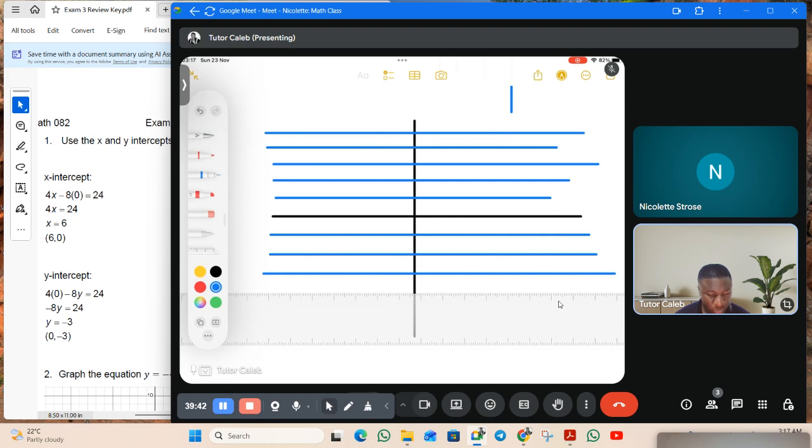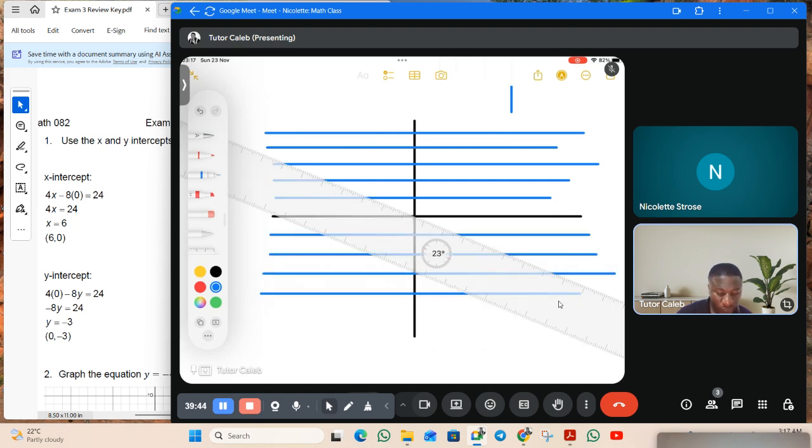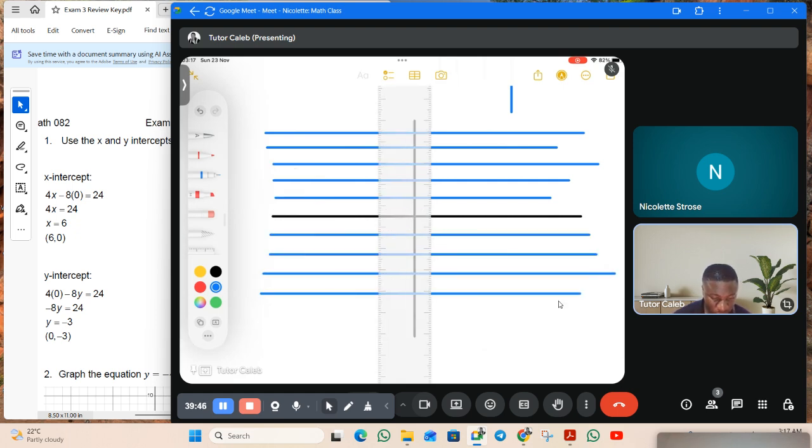Next time I'll make sure we get a suitable graph paper in class so that we can avoid doing this.